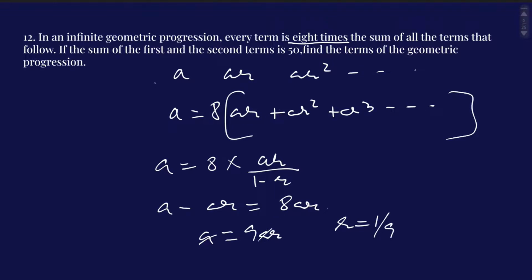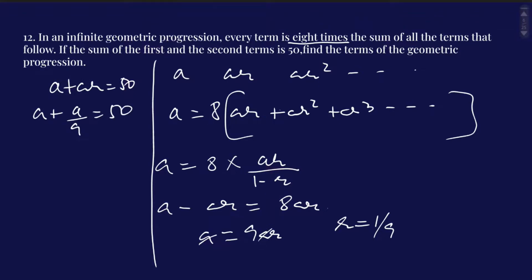So now what we are given is the sum of the first and second term is 50. So a plus ar is equal to 50. So a plus r is 1 by 9, so a plus a by 9 is equal to 50. So it is going to be nothing but 10a is equal to 450.